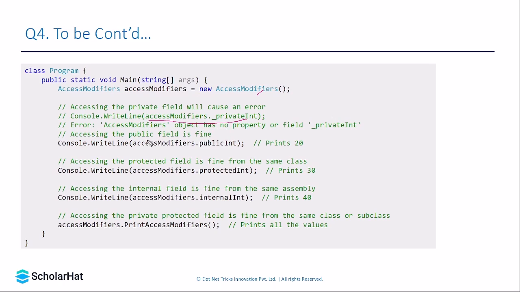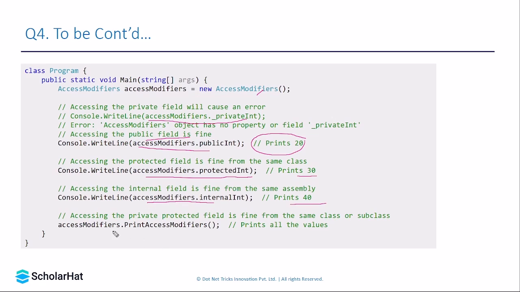We can access the public field because the public field has the least restriction. So whenever you write accessModifier.publicInt, it will print the value of the public field, that is 20 in this case. We can access the protected field as well using the same concept, and it will print the protected field. We can access the internal field as well, and it will print the internal field.